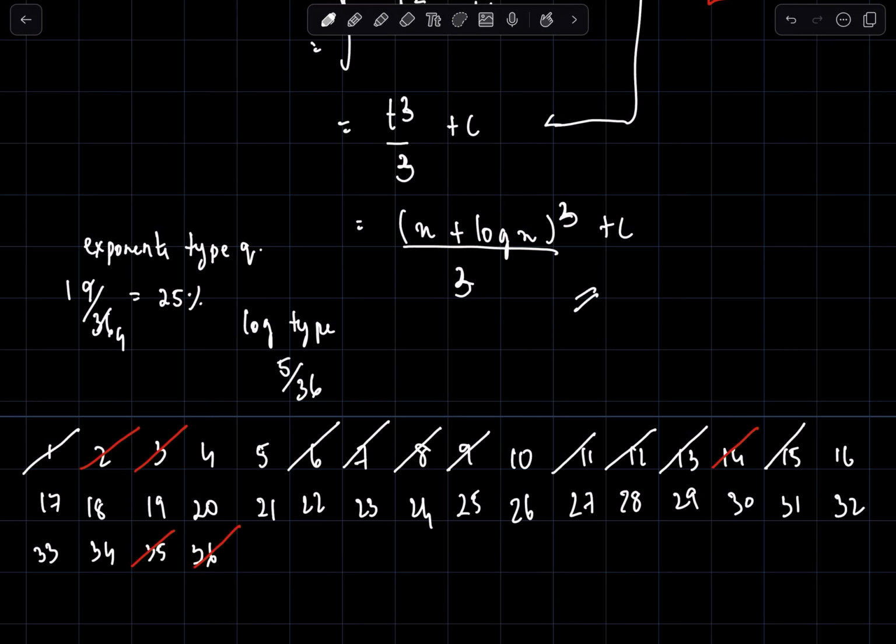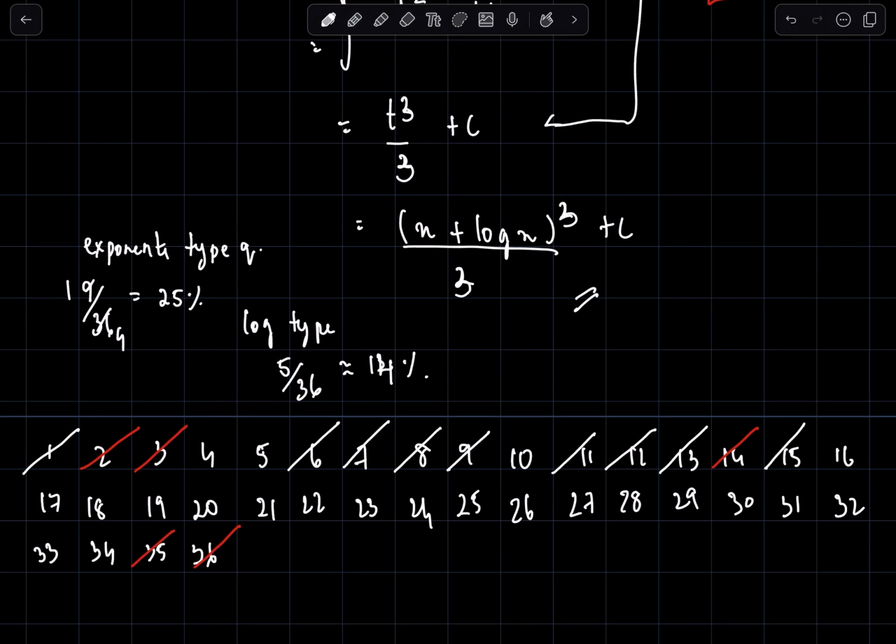So what is 5 divided by 36? Let's see, getting my calculator. So 5 divided by 36 is 13.9%, which is roughly 14%. I would rather take 14%. Okay, 14% of your questions are there.